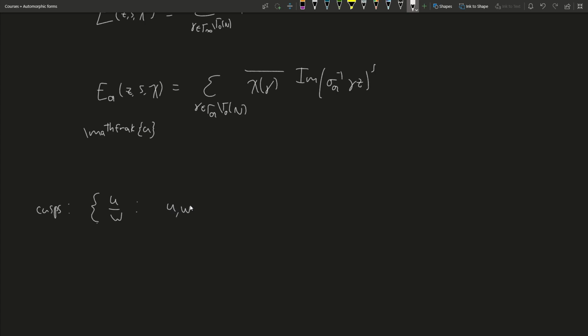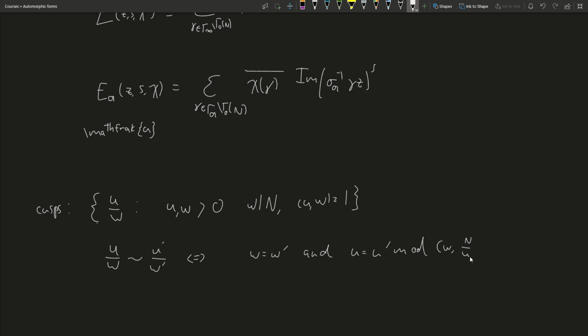One set of cusps you can take is positive integers like this that are coprime, and you say that the cusp u over w is equivalent to the cusp u prime over w prime if and only if w is equal to w prime and u is equal to u prime mod the GCD of w and n over w. So here are some set of cusps.